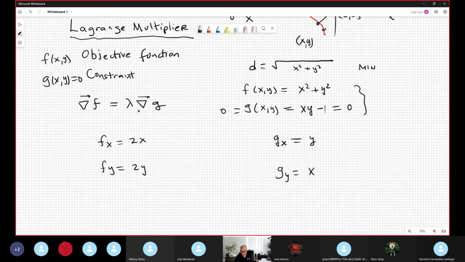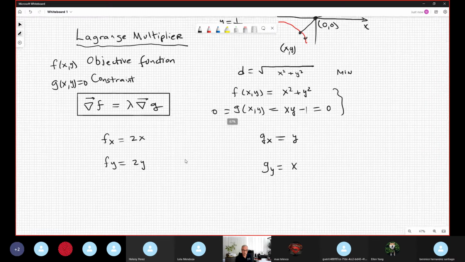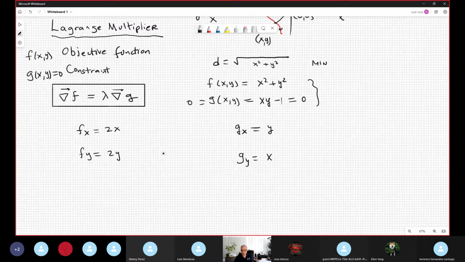So my system, remember the system, this statement expressed component by component in the Lagrange multiplier system of equations is f in x is equal to lambda g in x.